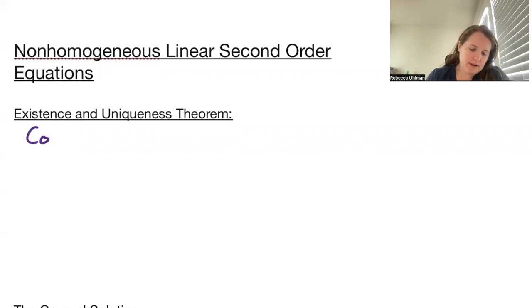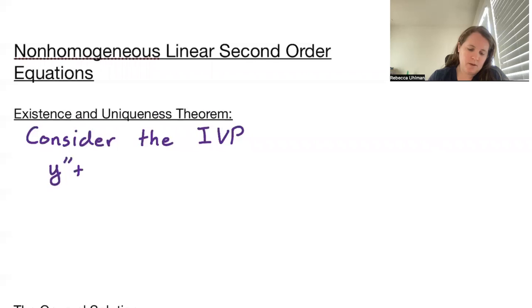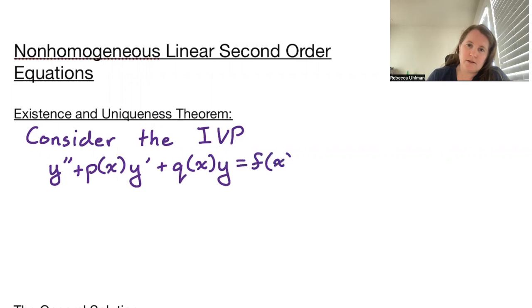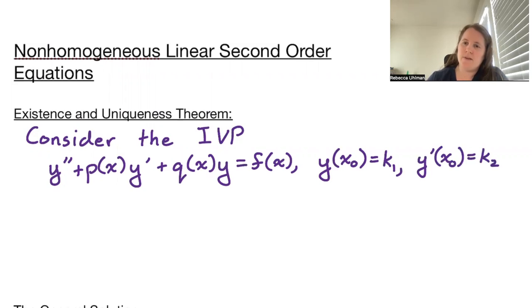So let's consider the IVP: y'' + p(x) y' + q(x) y = f(x), with initial conditions y(x0) = k1 and y'(x0) = k2.